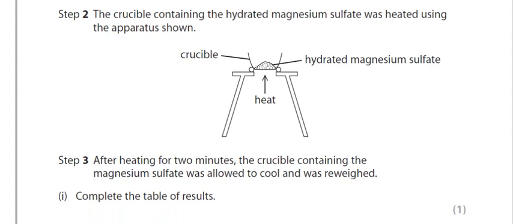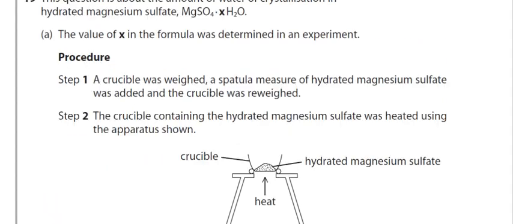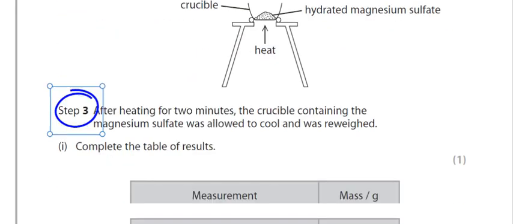Now, this is a mistake, because how do you know that in 2 minutes all of the magnesium sulfate loses its water of crystallization? We don't know. Ideally, you have to heat until you get a constant mass. It can be even 10 minutes.